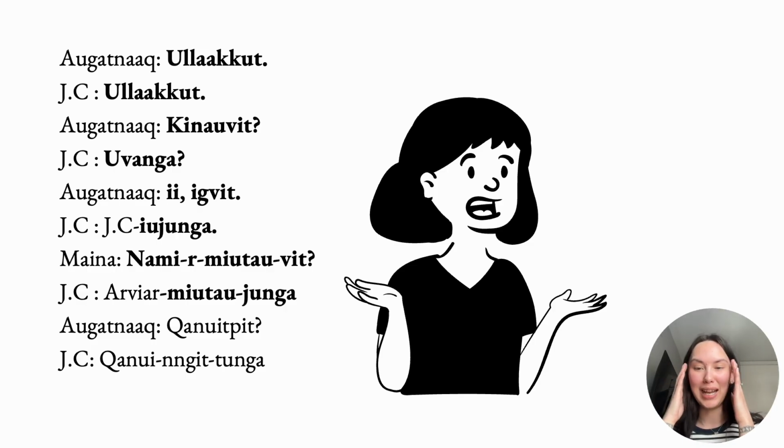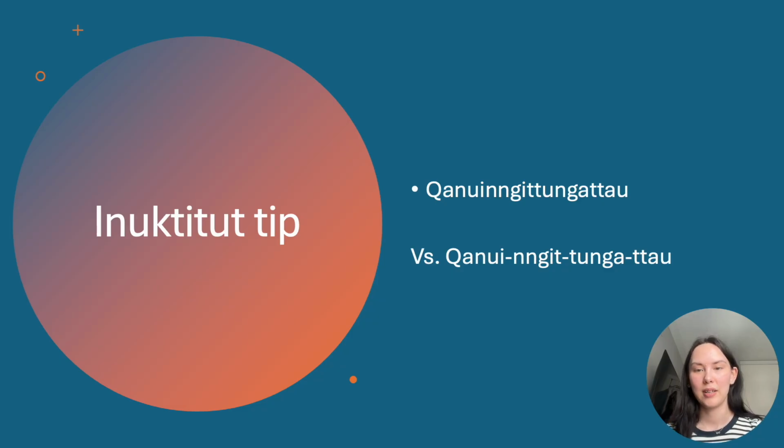So you can know it in your head, but if you want to use it, you have to actually practice saying it out loud. And if you're shy, just try at home first. Listen to books, practice. And then you'll get more confident as you go. Yeah, so sometimes people say Kanuingitungatao, which means I'm also doing fine.